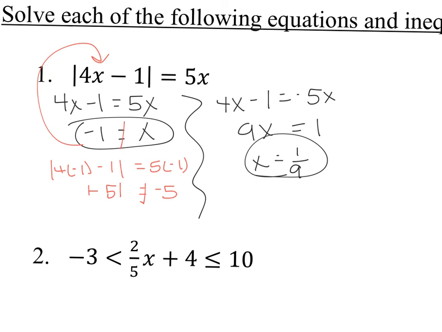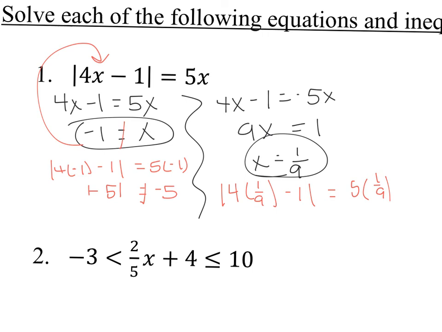If I come over and do the second solution, I would get 4 times 1 over 9 minus 1 equals 5 times 1 over 9. Honestly, this is where in class I taught you the store button on the calculator. I would personally store 1 over 9 in my calculator, so I would type in parentheses 1/9, and then I'd press the store button and press X and hit enter.